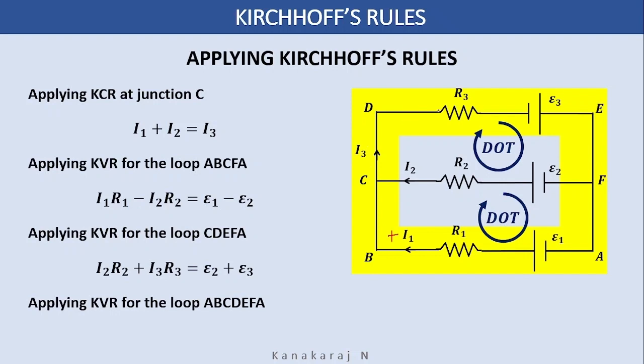Then I3R3 is in the direction of traversal, so I3R3 is positive. For epsilon 3, the direction of traversal is from negative terminal to the positive terminal, so epsilon 3 is positive. Then the direction of traversal in epsilon 1 is from negative terminal to the positive terminal, so epsilon 1 is positive. I1R1 plus I3R3 equals epsilon 1 plus epsilon 3.